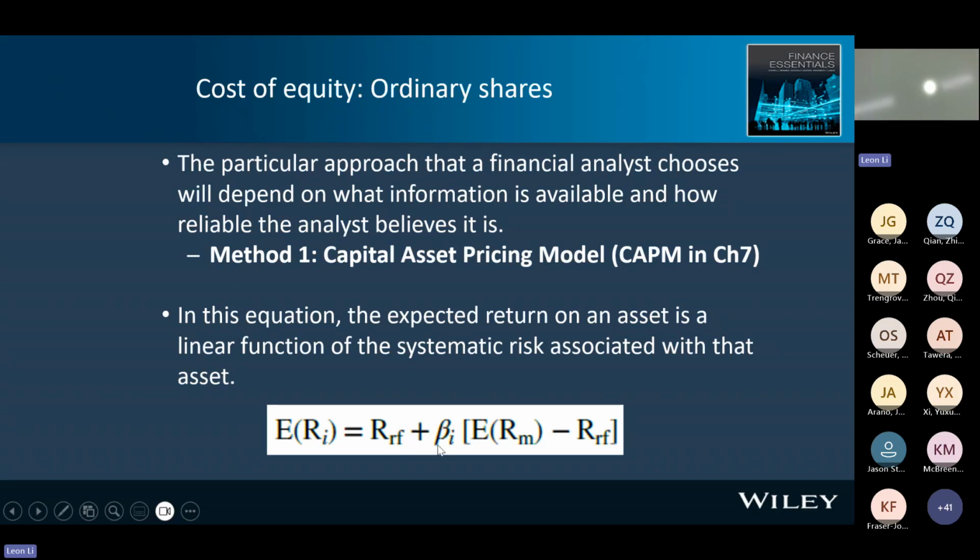Beta is a measure of systematic risk. E(Rm) is the market return. Minus Rf, this is the market risk premium, right? Please refer to our chapter 7. So you can use the CAPM model to calculate the expected return of ordinary share, right? We use the systematic risk, beta, to measure the expected return.